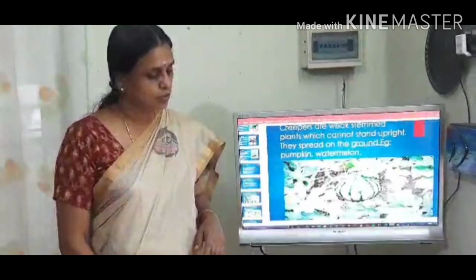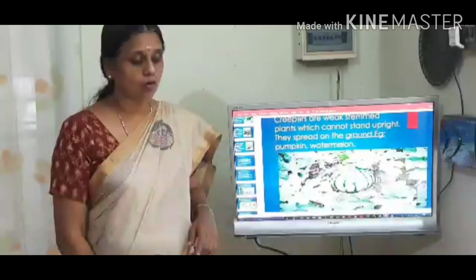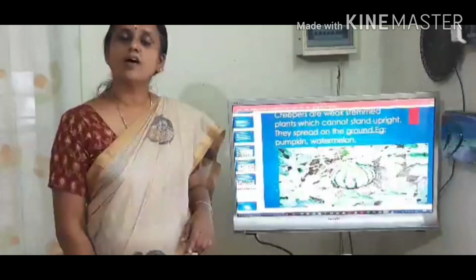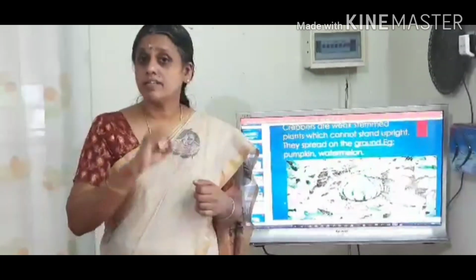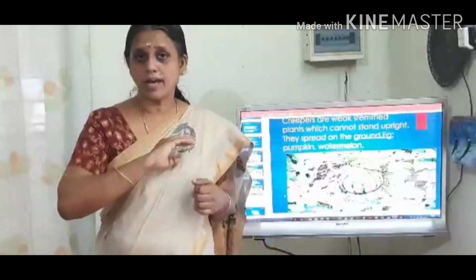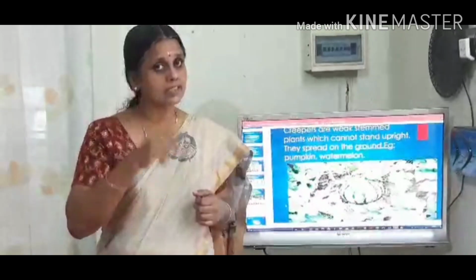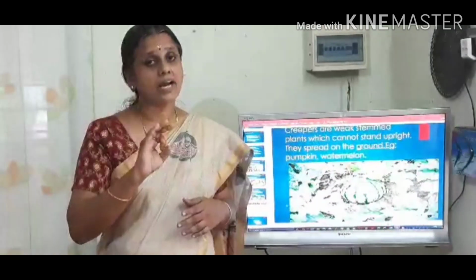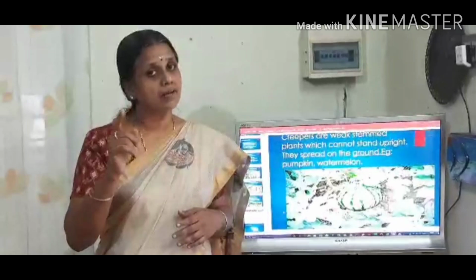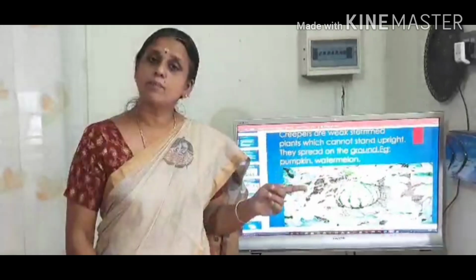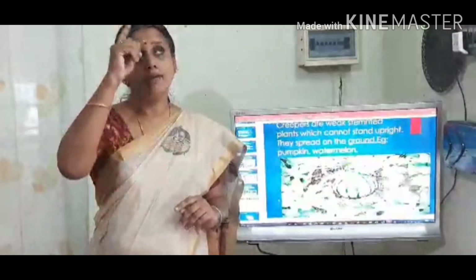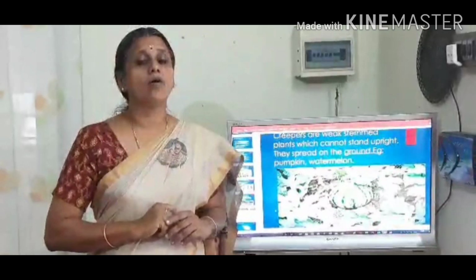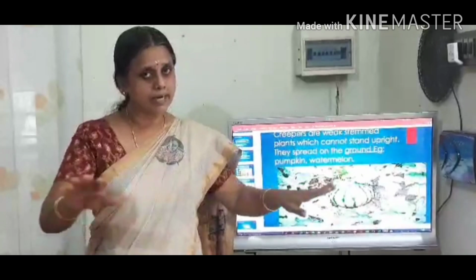So you have studied today about different types of plants based on the thickness of the stem. The 3 types: herbs, shrubs and trees. Then you have studied about weak stem plants which are climbing on top of trees and called climbers, and which are spreading on the ground.